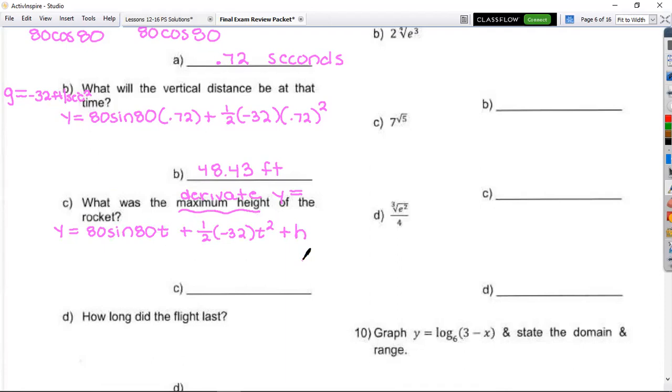So before you do the derivative, clean this up a little bit. So really your equation is y equals 80 sine 80t minus 16t squared plus h. Now you're going to take your derivative.